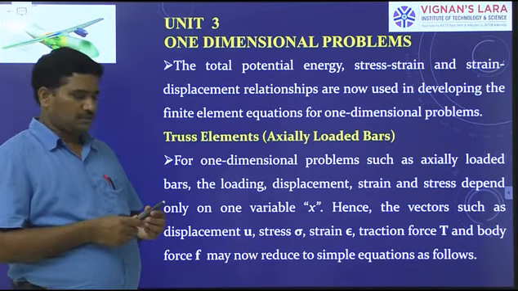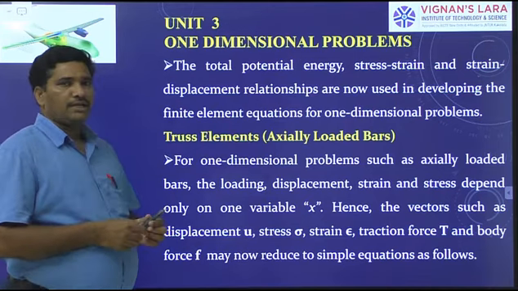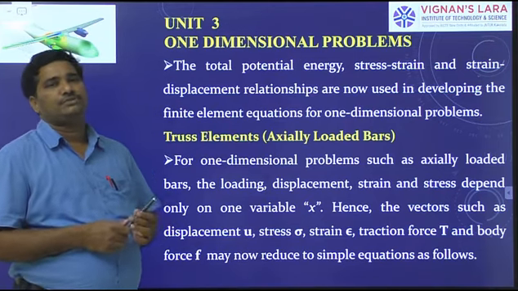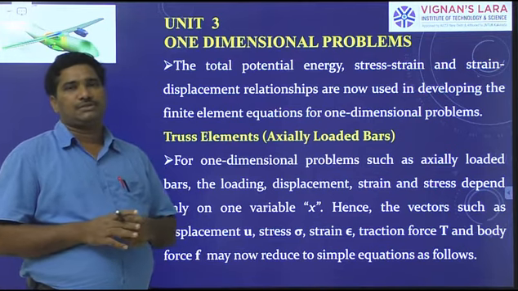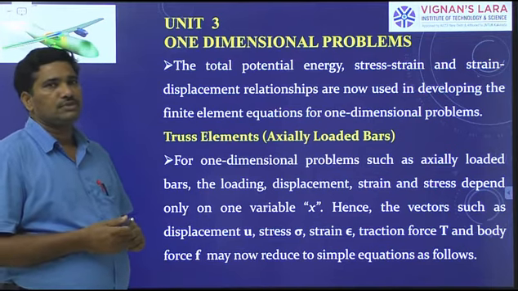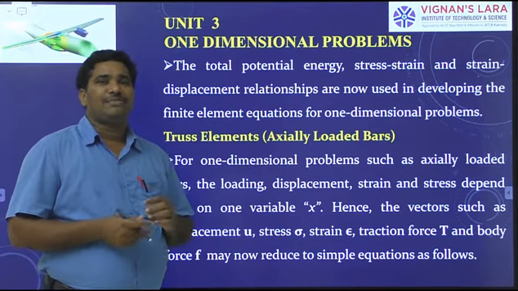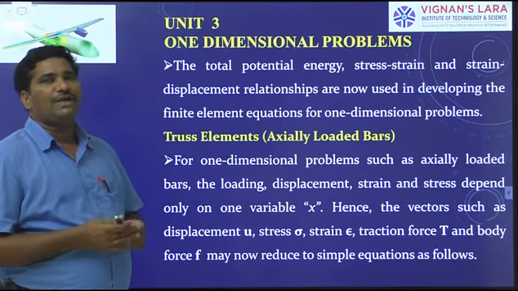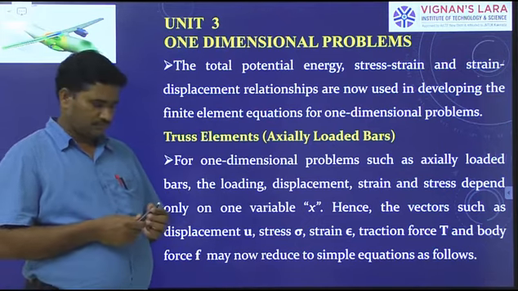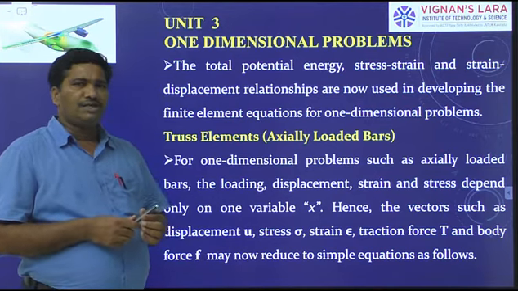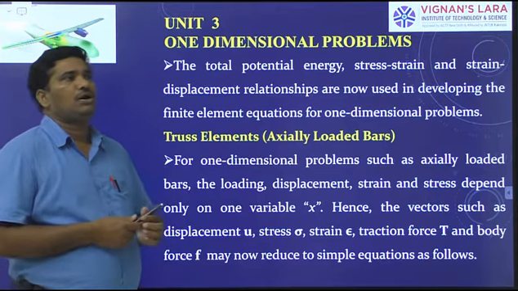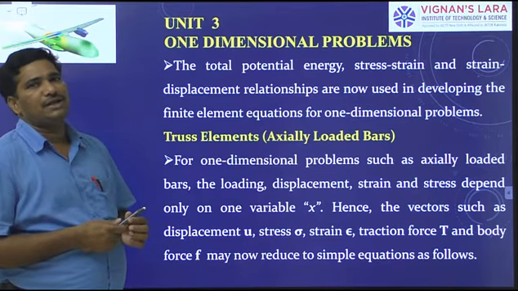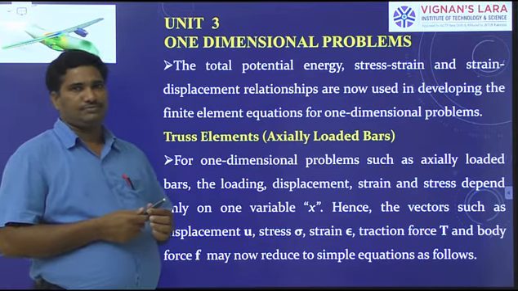In this chapter, we take one-dimensional problems such as axially loaded bars or truss elements and one-dimensional beams. The knowledge of axially loaded bars we also use to solve two-dimensional truss problems.